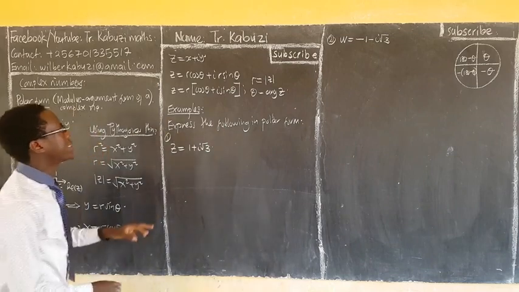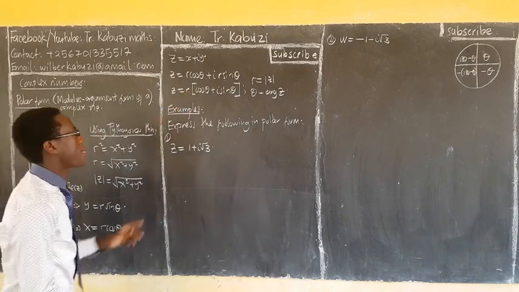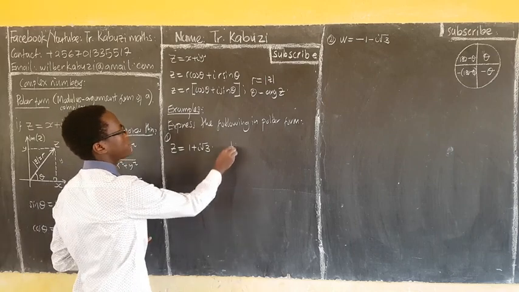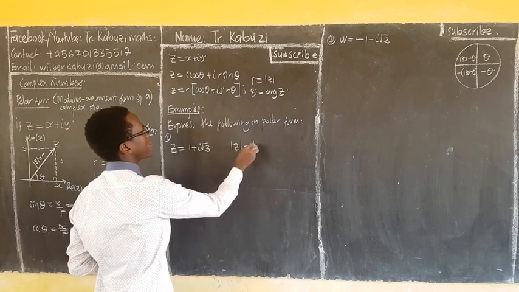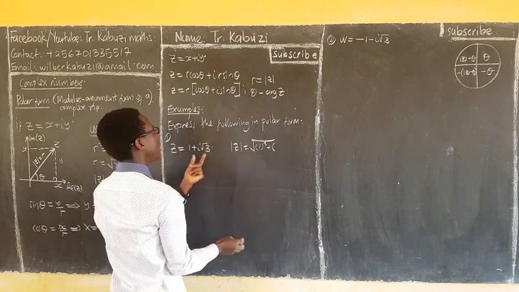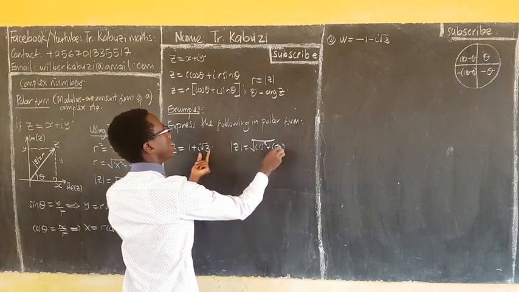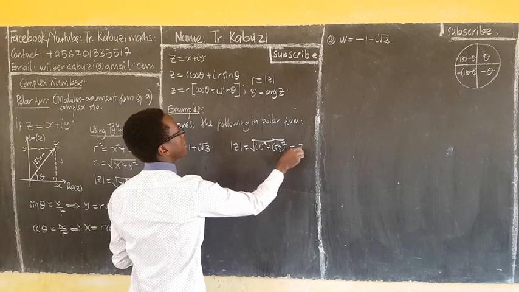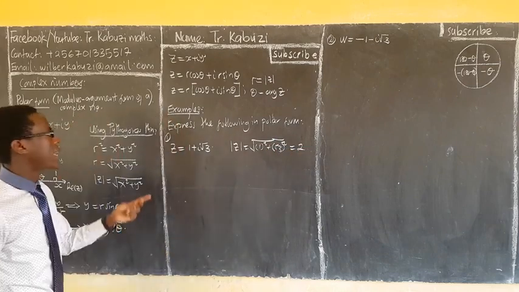So all we need, we always need the modulus. The modulus of z, we say, is the square root of the real part squared plus the imaginary part squared. Our imaginary part is root 3, the whole squared, and from there we shall get 2 units. We also get the argument.